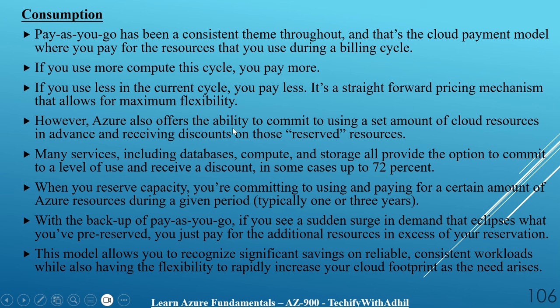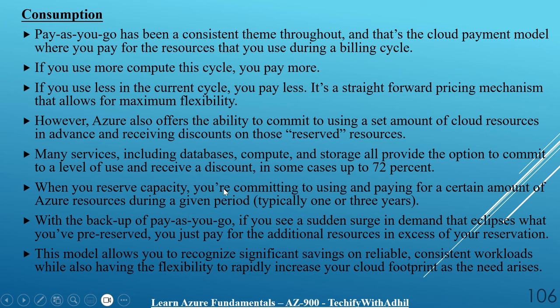However, Azure also offers the ability to commit to using a set amount of cloud resources in advance and receive discounts on those reserved resources. Many services, including database, compute, and storage, all provide the option to commit to a level of use and receive a discount, in some cases up to 72%.